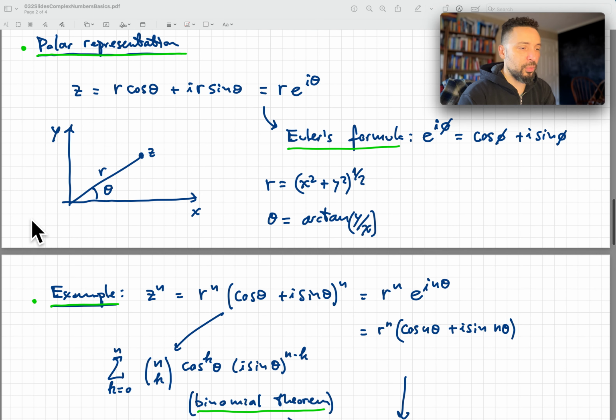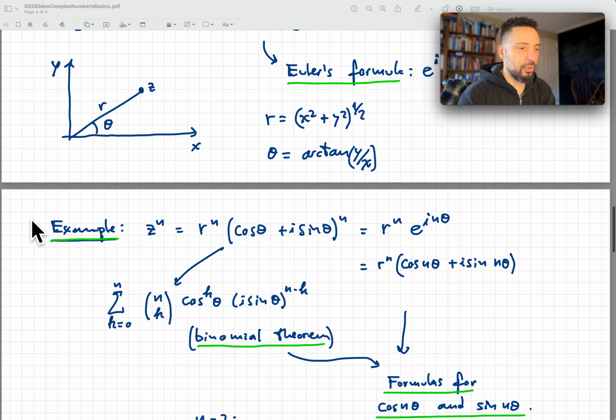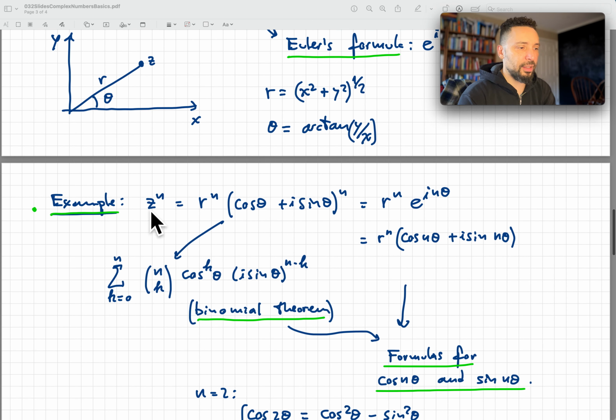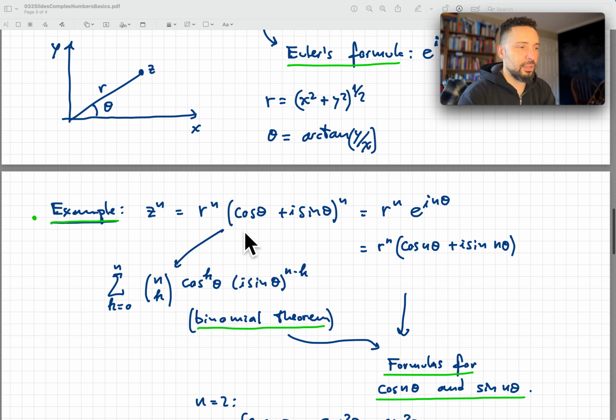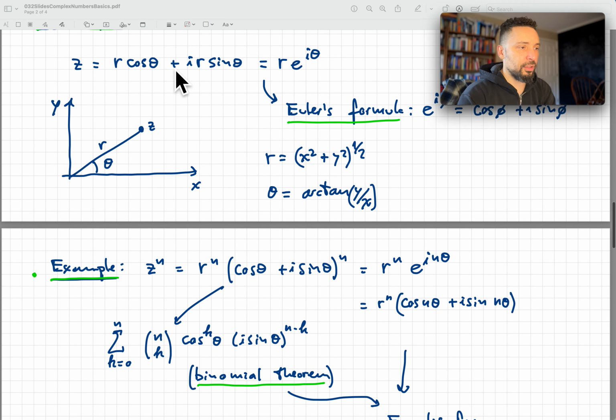To give you an example of why this is useful and powerful, notice that z to the n can be written as r to the n, using the left-hand side here, times cosine theta plus i sine theta, to the power n. So this is taking the r as a common factor and then multiplying by cosine theta plus i sine theta, and everything to the power n just gives me this.